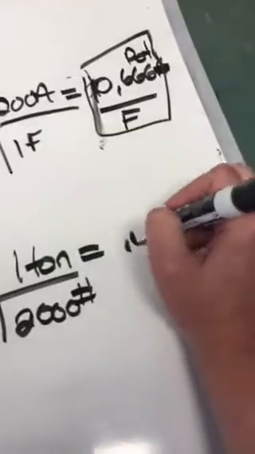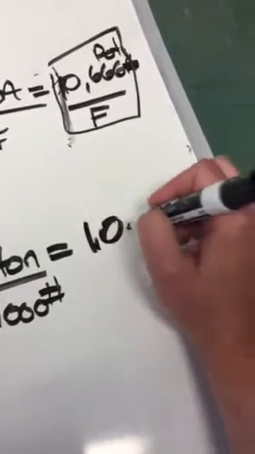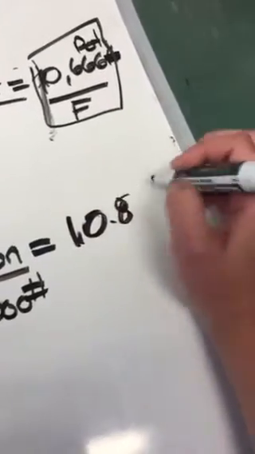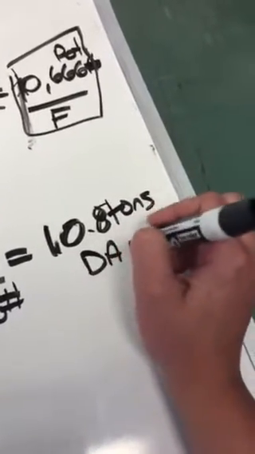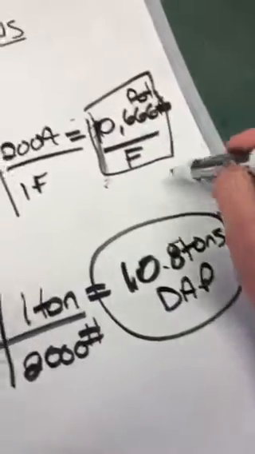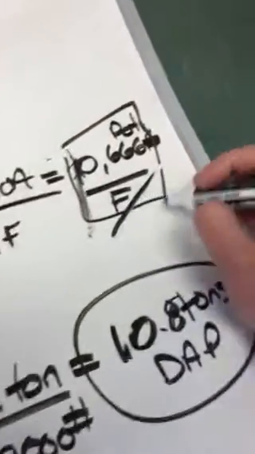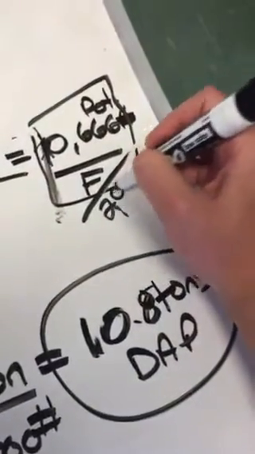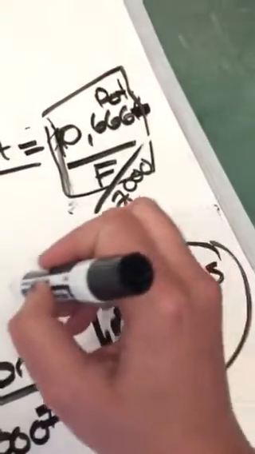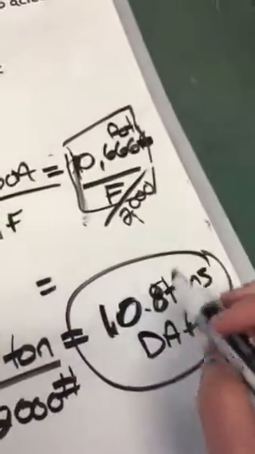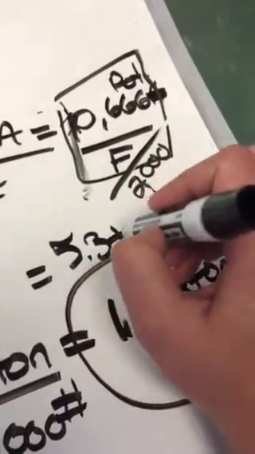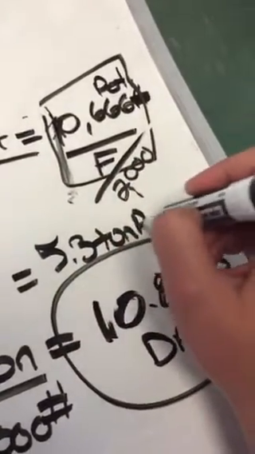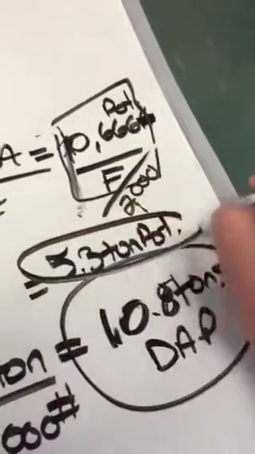And that should give you 10.8 tons of DAP in your blend. This number divided by 2,000 gives you 5.3 tons of potash in our custom blend.